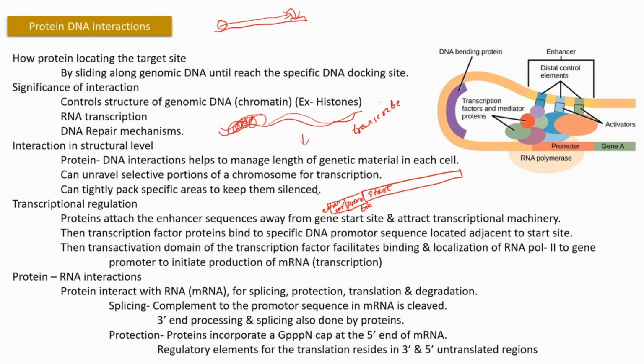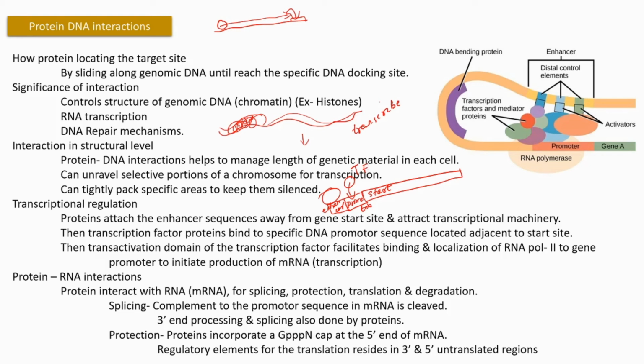During transcription, at first some proteins come and bind the enhancer sequence. Then by this interaction, it attracts some other proteins to come and bind the promoter sequence. This group of proteins is called transcription factors.